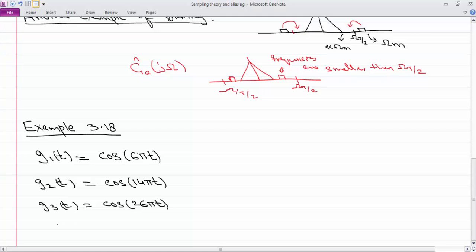But all of them are sampled at T equal to 0.1 seconds, which is that the sampling frequency is 10 Hertz.